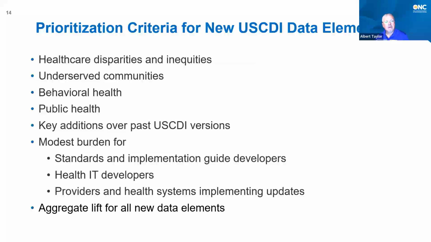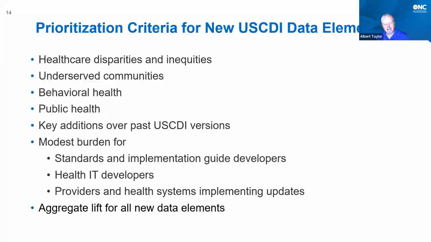We get a lot of submissions and comments on previously submitted data elements about what should go into the next version or another version of USCDI. We have to evaluate the maturity and readiness of every single data element that is submitted. Some are ready to go. They could potentially be adopted if they were in policy. Other ones need additional standards development work.